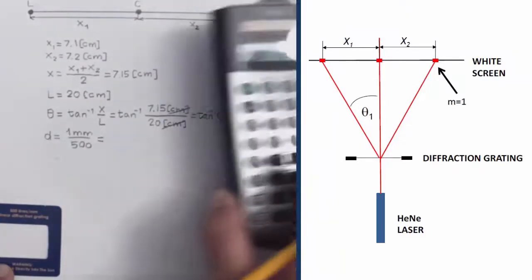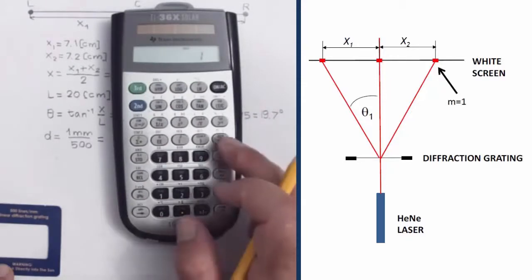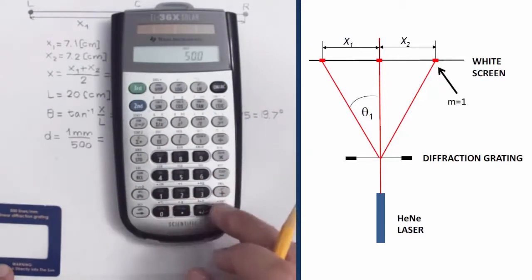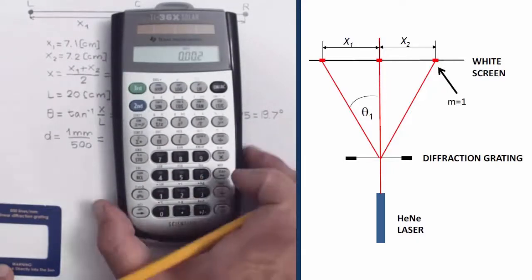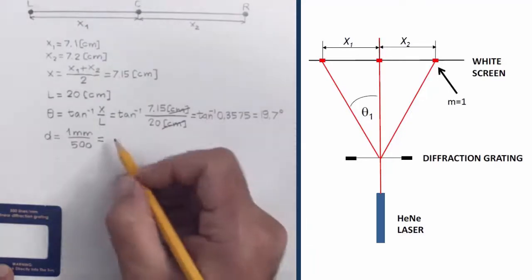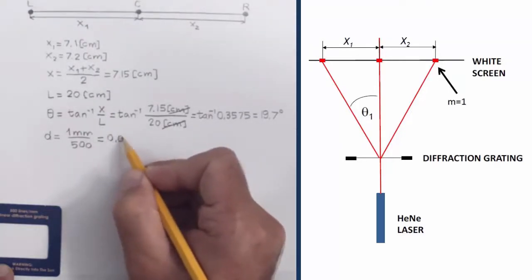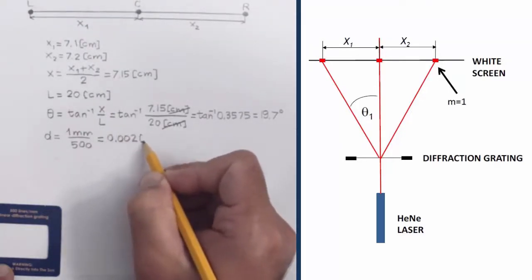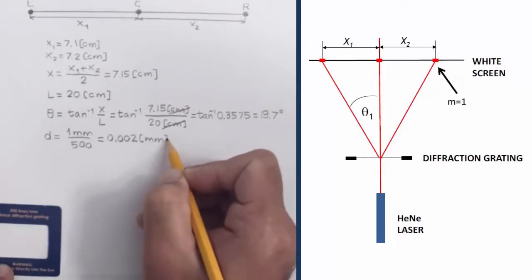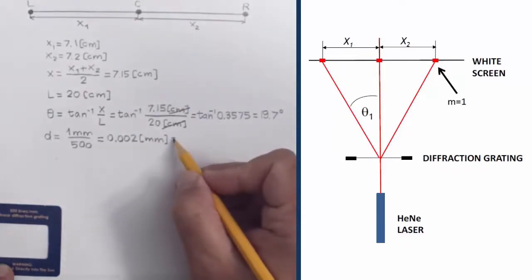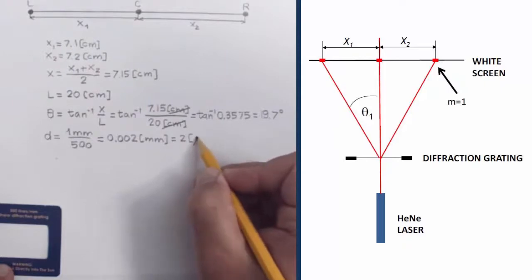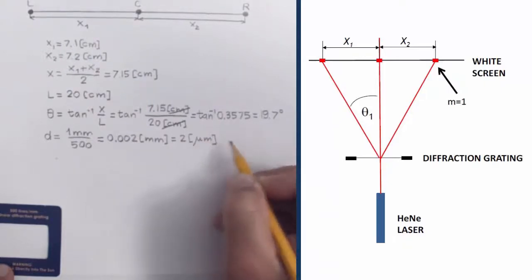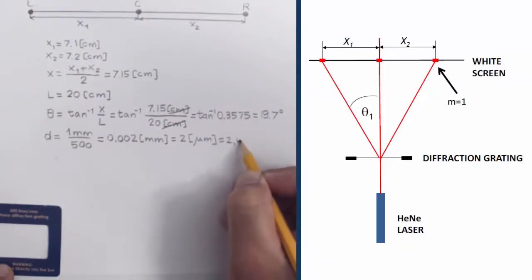And if I take 1 over 500, I get 0.002 millimeters, or I can convert this to 2 micrometers, or even better, 2000 nanometers.